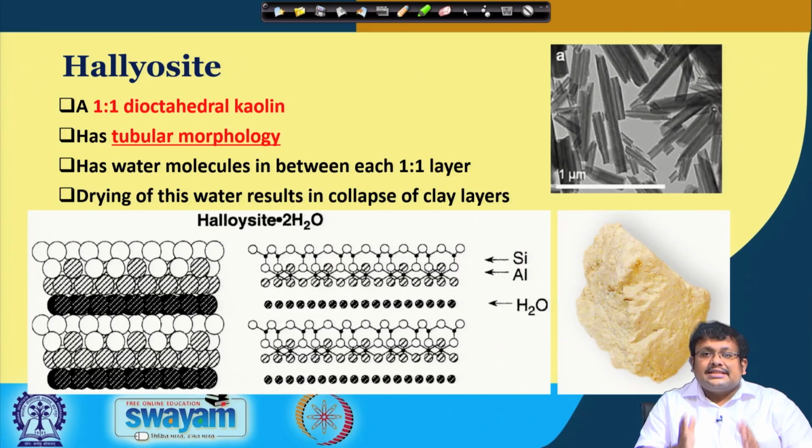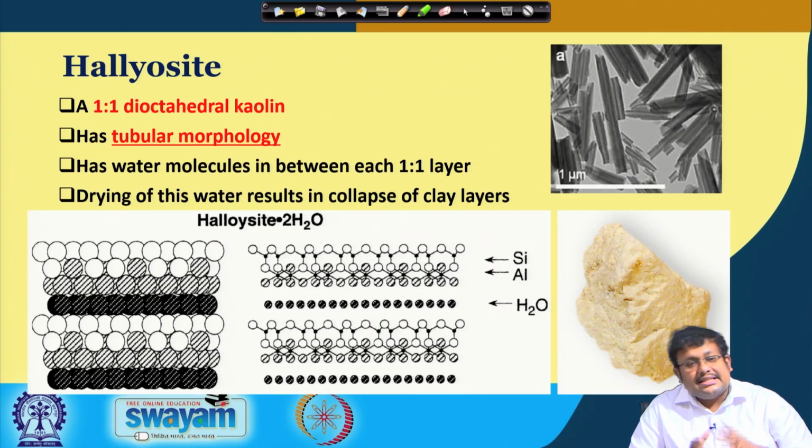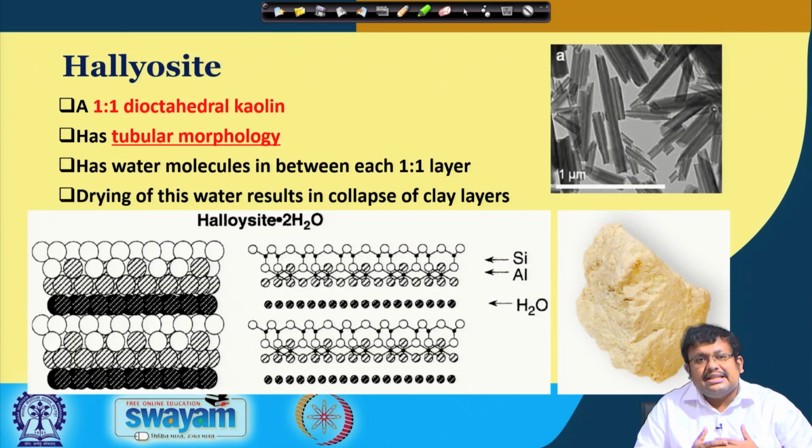So, guys, we have discussed different types of primary minerals, and we have started discussing the different types of secondary minerals. We have discussed how this 1:1 layer and 2:1 layer basically form, and we have started discussing the individual clay minerals.